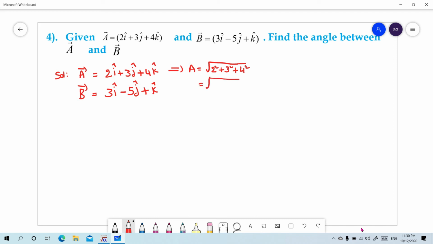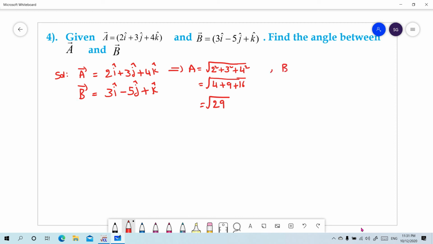That equals root of 4 plus 9 plus 16, that equals root 29. So the modulus of a bar, or magnitude of a bar vector, is root 29.